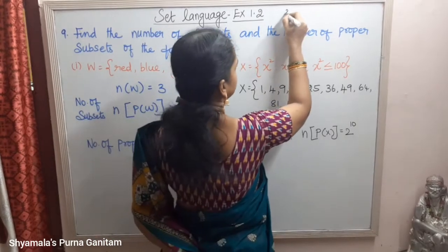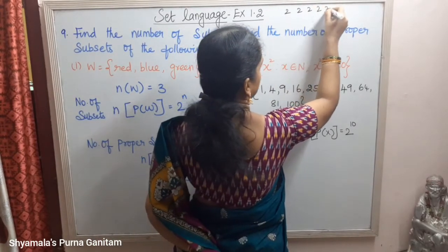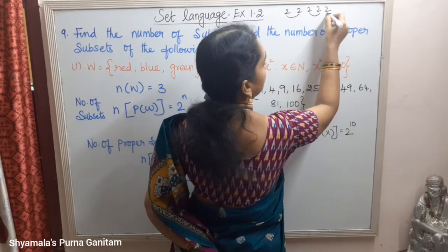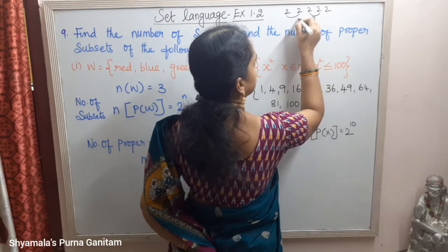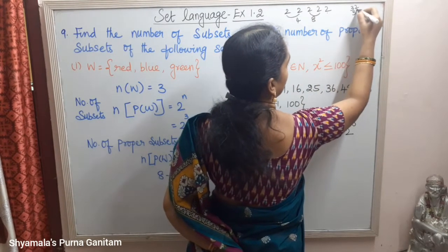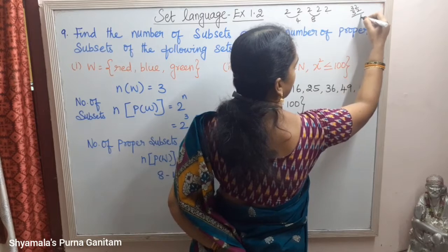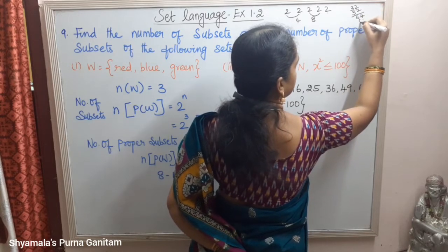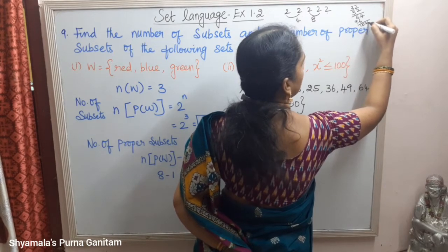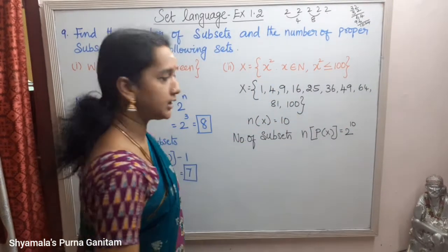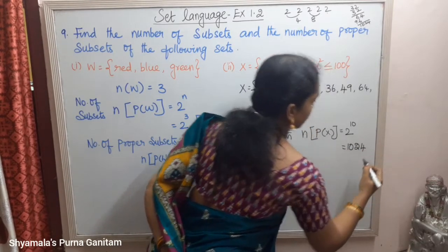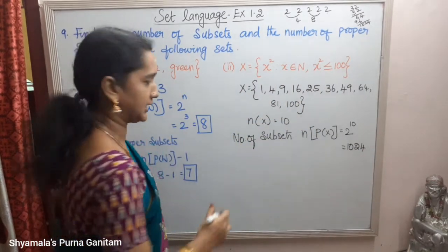That is 2 five times is 4, then 4 twice is 8, 8 four times is 32. So 32 into 32 you have to multiply. That is 1024. So this is the number of subsets.